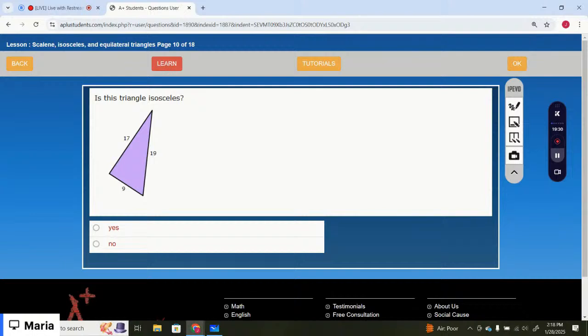Is this triangle isosceles? No, that isn't.